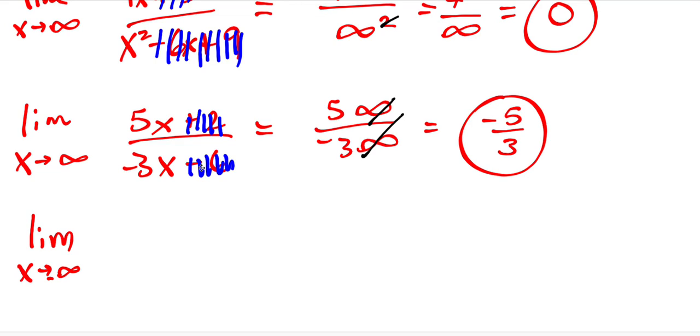What we're doing right now is just finding limits at infinity or negative infinity, not necessarily trying to verify a horizontal asymptote. We're not at that kind of detail yet.